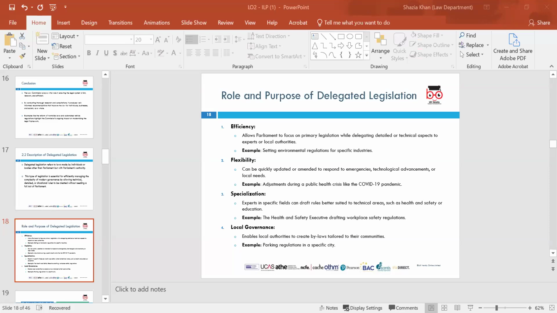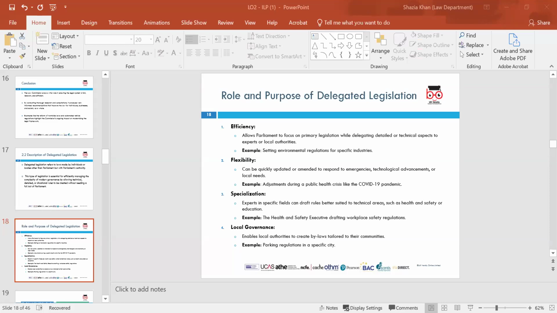Putting the required level of technical detail into Acts of Parliament would in any case make these longer and harder to understand. Parliament therefore often establishes the framework of policy in acts and delegates the power to make detailed legislation within the framework. So delegated legislation is very common and necessary for modern governance. It becomes a problem only when it's used inappropriately.